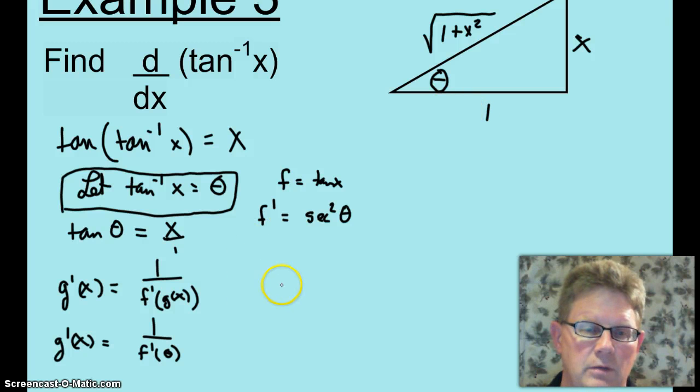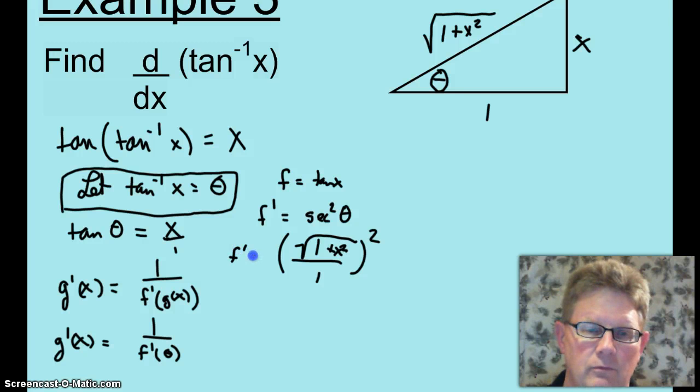So that would be the square root of 1 plus x squared over 1, quantity squared. That's what f prime would equal. F prime equals 1 plus x squared.